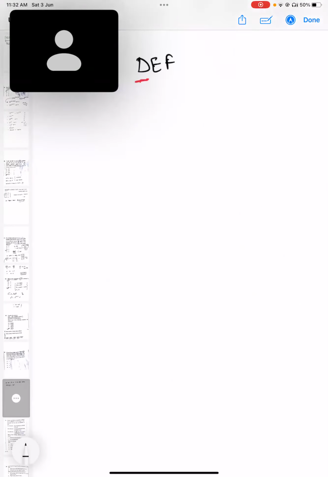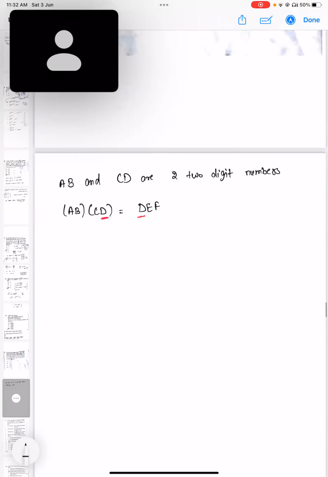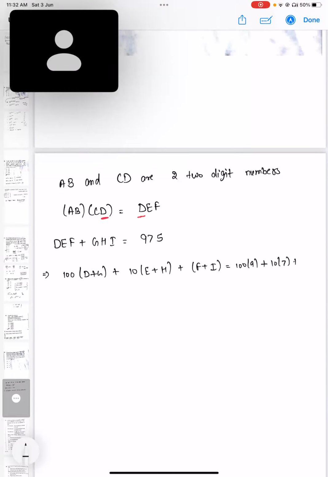So it is saying DEF plus GHI is equal to 975, which implies 100 times (D plus G) plus 10 times (E plus H) plus (F plus I) is equal to 100 times 9 plus 10 times 7 plus 1 times 5, right?